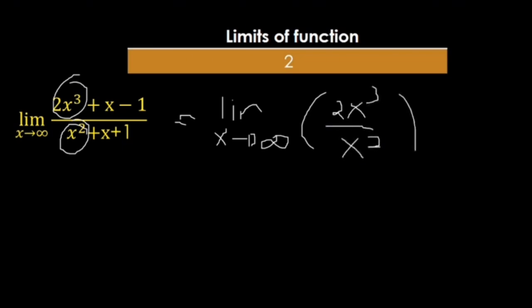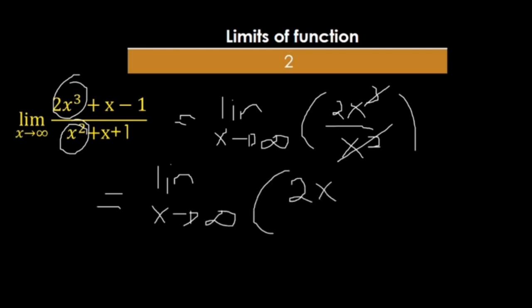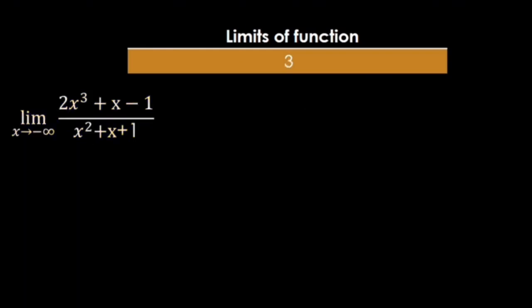Dividing, this and this will cancel out, and we have the limit as x tends to infinity of 2x, and this will tend to infinity also. Moving to the next question, you first have to substitute the value. We find that we have infinity over infinity, and this is undefined.